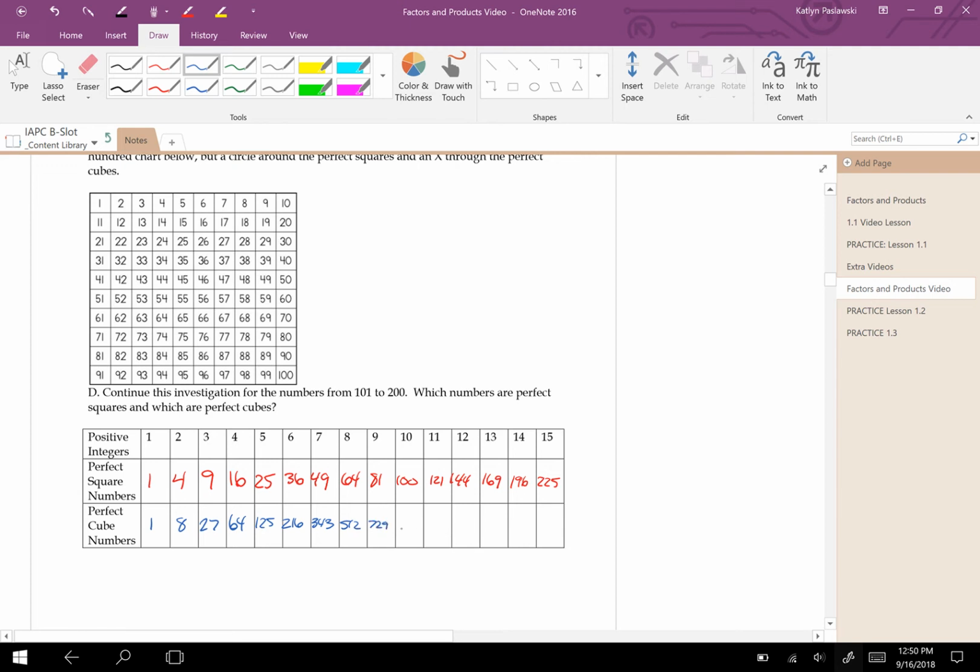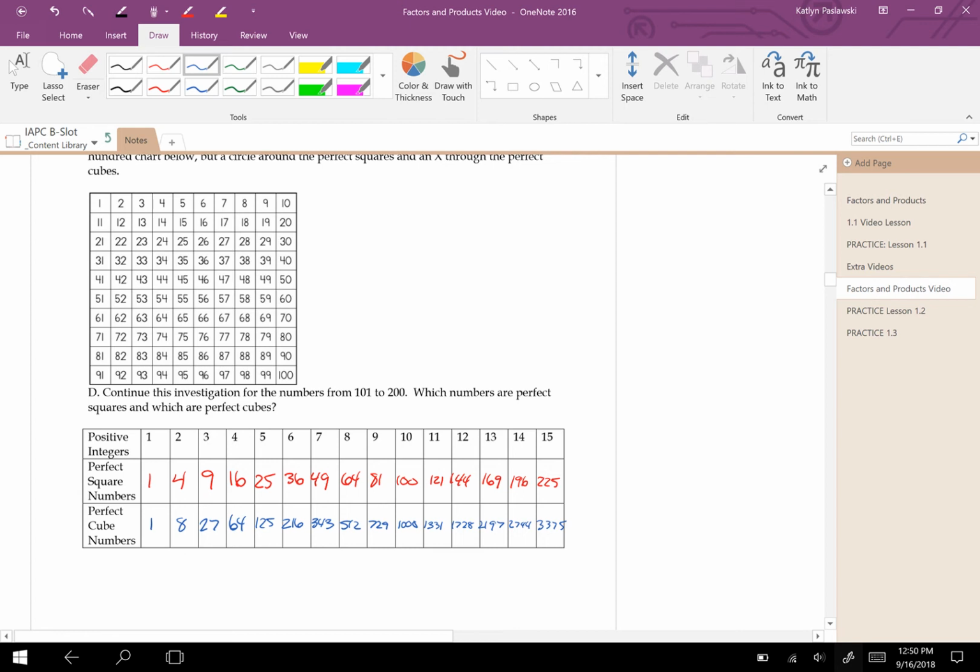The numbers are quite difficult to write in these small boxes. 13 cubed is 2197, 14 cubed is 2744, and 15 cubed is 3375.